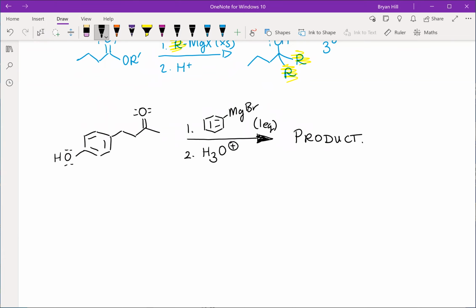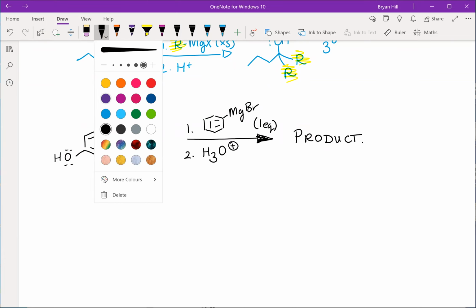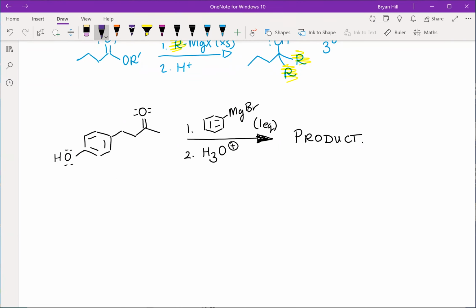Okay, it's time for the big reveal here. So what is the product that we made? The product that we made will be as follows. So you add your phenyl magnesium bromide and ether, stir it for a little while. At the end of the reaction, you throw in your acid.